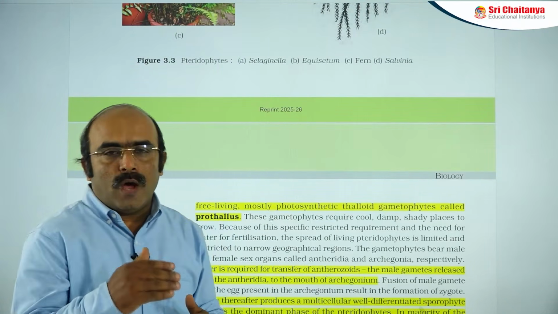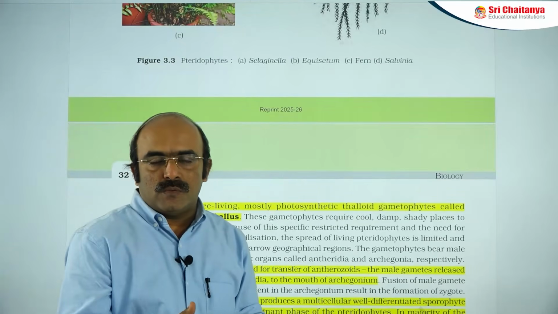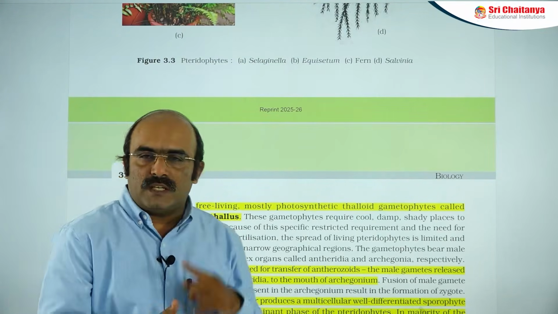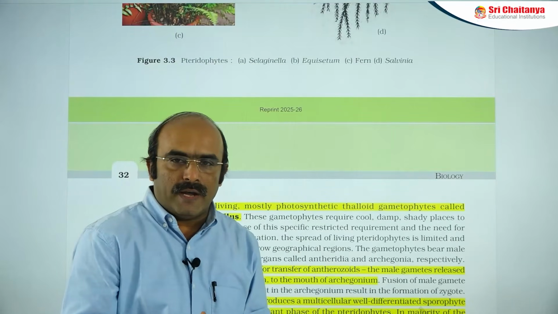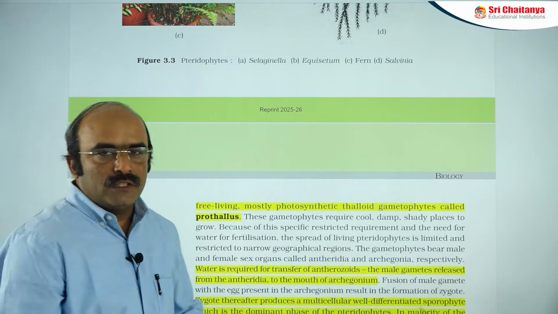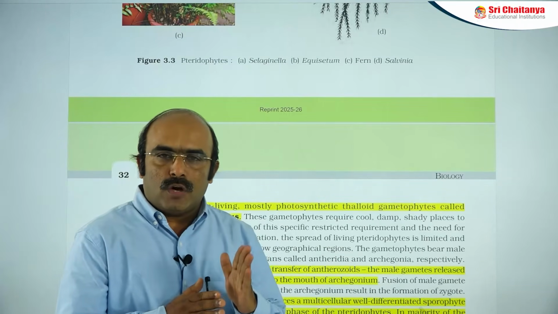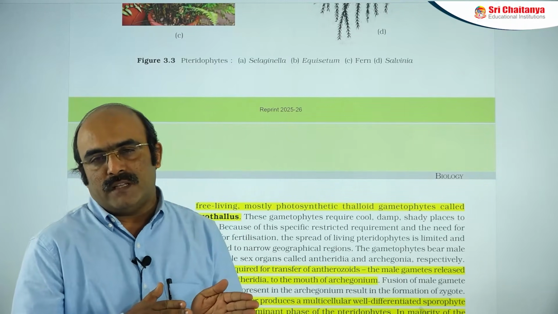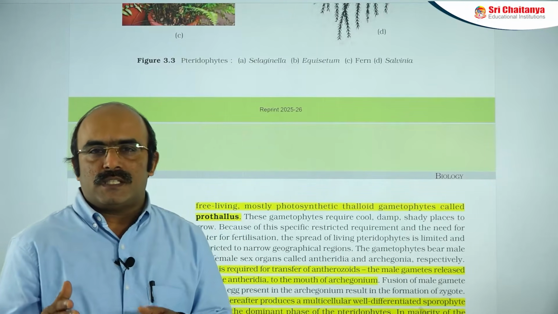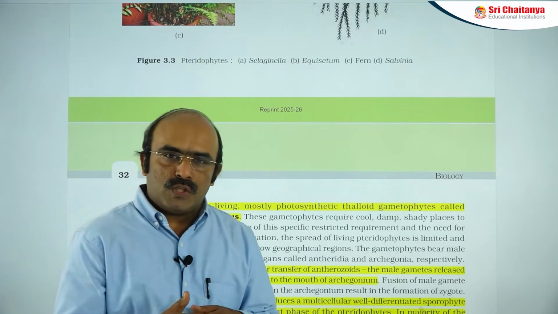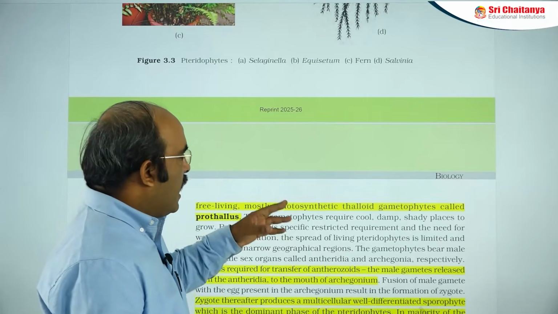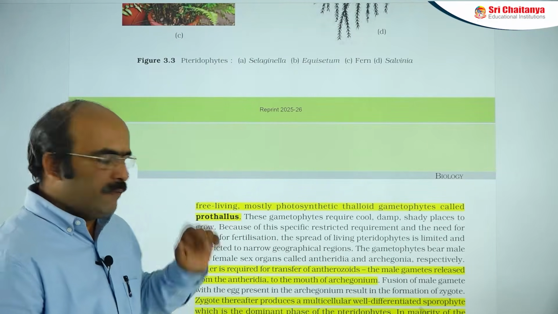So the spore upon germination gives rise to a multicellular, mostly photosynthetic, free-living thalloid gametophyte called prothallus. So this is the only plant group where the dominant stage is the sporophyte, which is free-living, as well as the other stage, the prothallus, which represents the gametophyte, which is multicellular, mostly photosynthetic, as well as free-living.